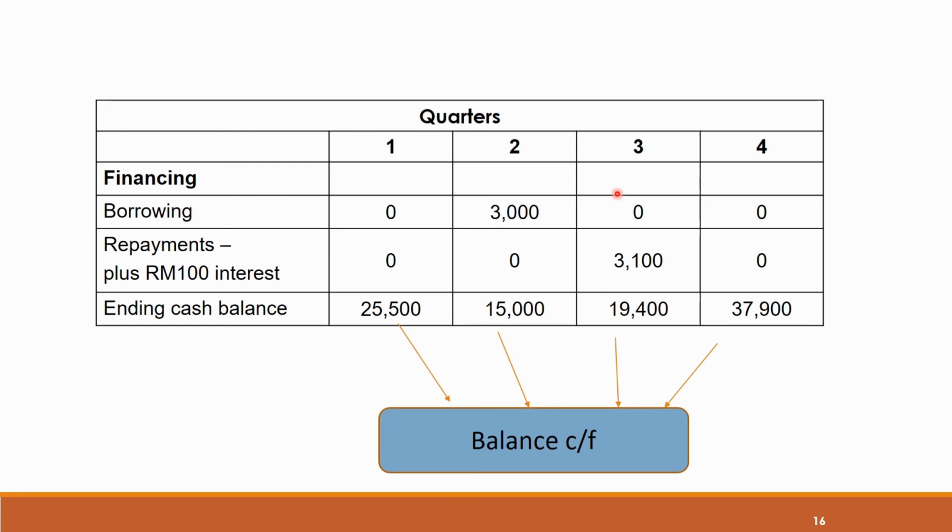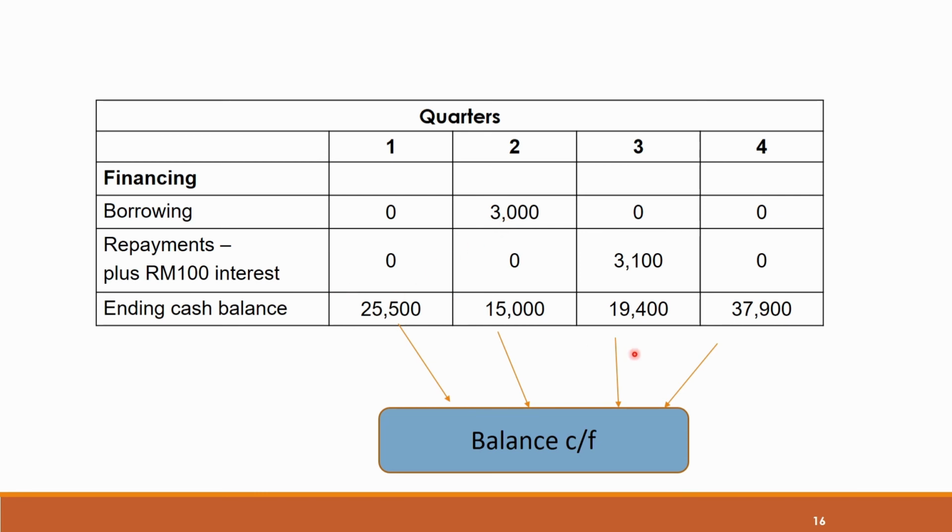And you can see from the question, there is an excess for column 3. And based on the policy of the company, we must repay the loan with interest. So the loan 3,000 that we made in the previous quarter plus 100 for interest.